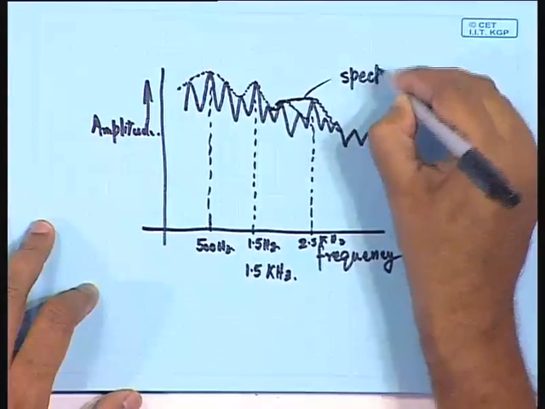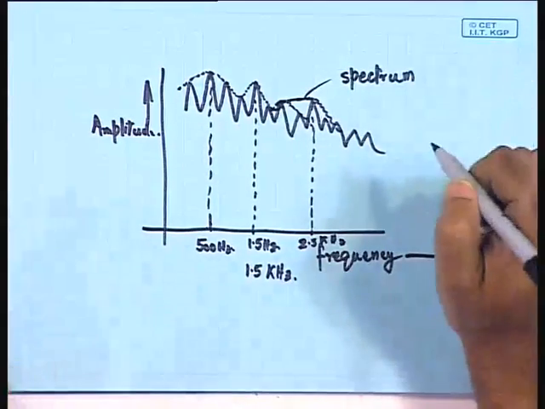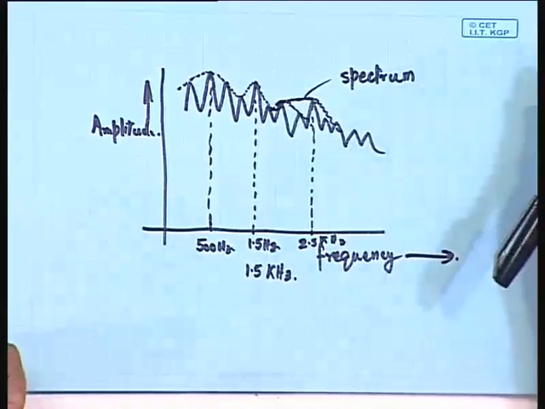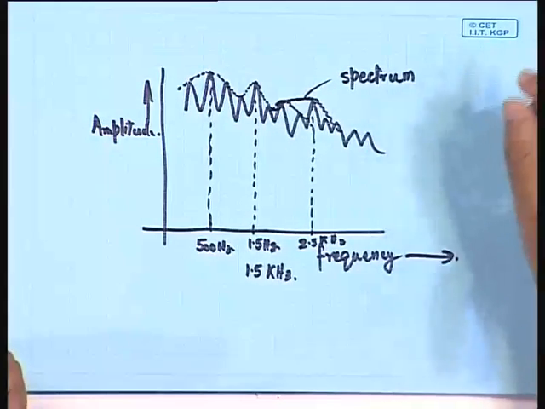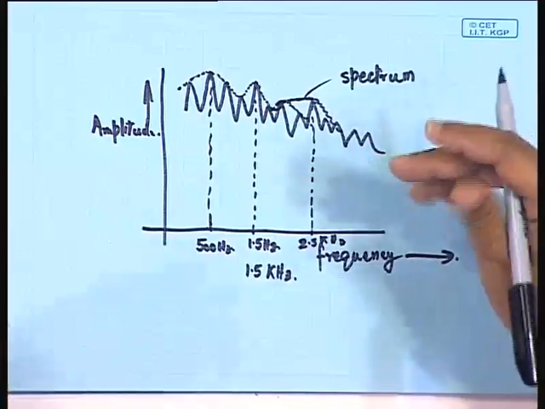And in fact, this spectrum that we are observing is definitely a short time observation, because the spectrum will change from one quasi stationary period to another. If we compute the spectrum for the first 30 milliseconds, for the next 30 milliseconds our spectrum would be entirely different. It may have the formant frequencies somewhat shifted, it may have even the pitch shifted. Even pitch is also changing with respect to time, and that is why we produce some intonations in our speech.